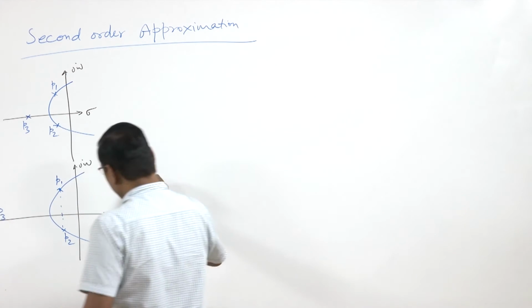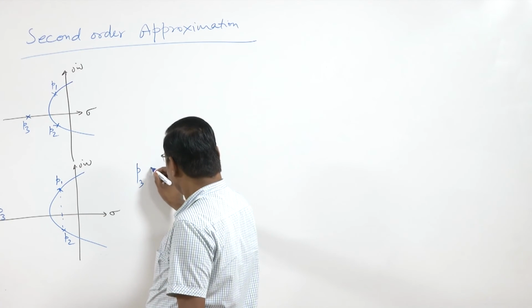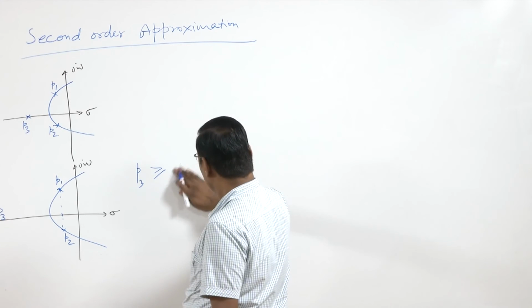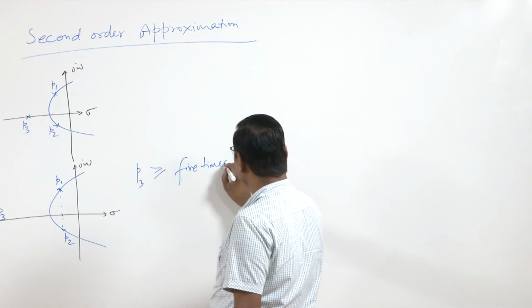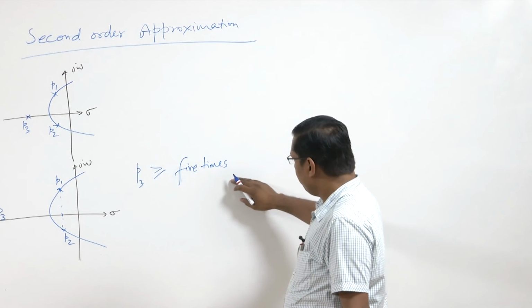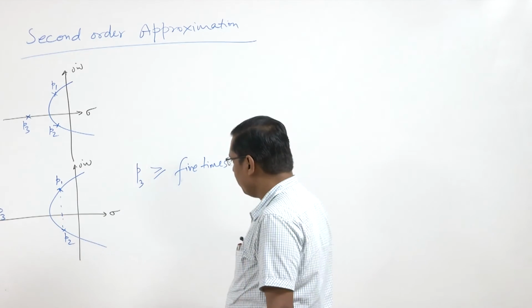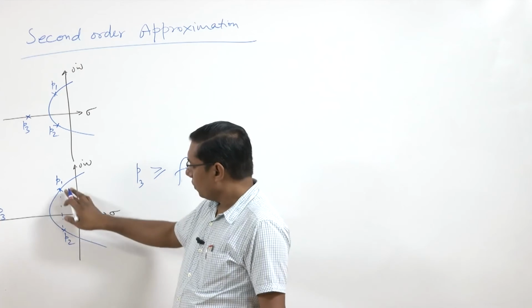So if P3 is farther than 5 times, at least 5 times, so 5 times farther than the real axis coordinate of the dominant complex poles.